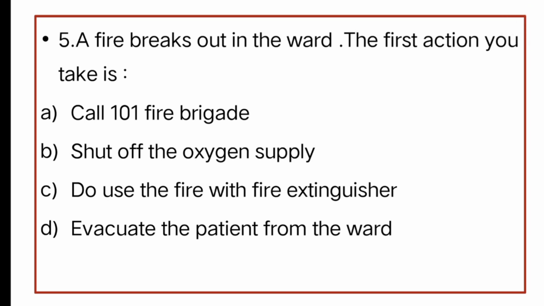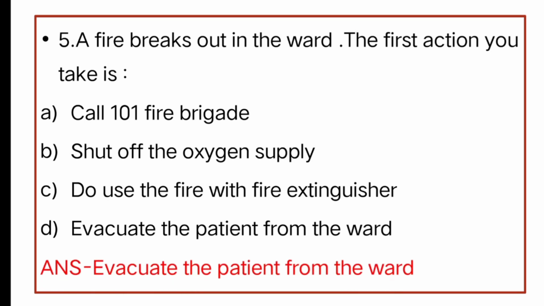So option D is the correct answer, that is, evacuate the patient from the ward. I will tell you what the mnemonic RACE is. R is for rescue and remove the client, A is for activate the alarm, C is for confine the fire by closing the doors and windows, and E is extinguish the fire with the help of a fire extinguisher.